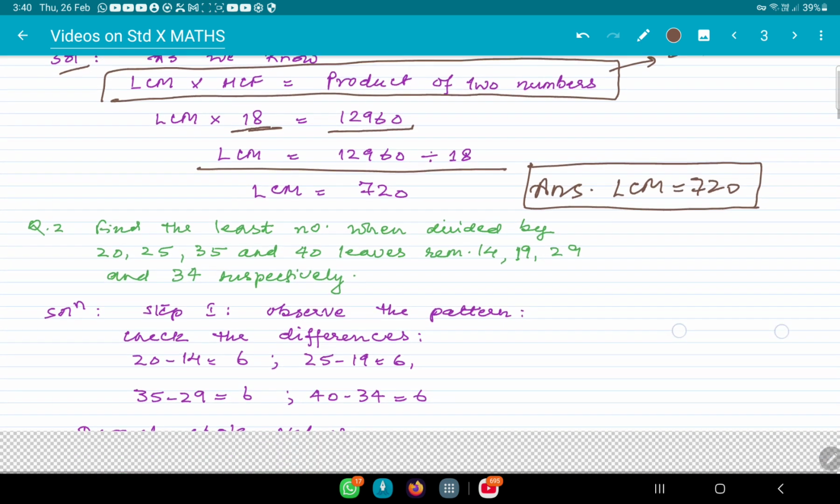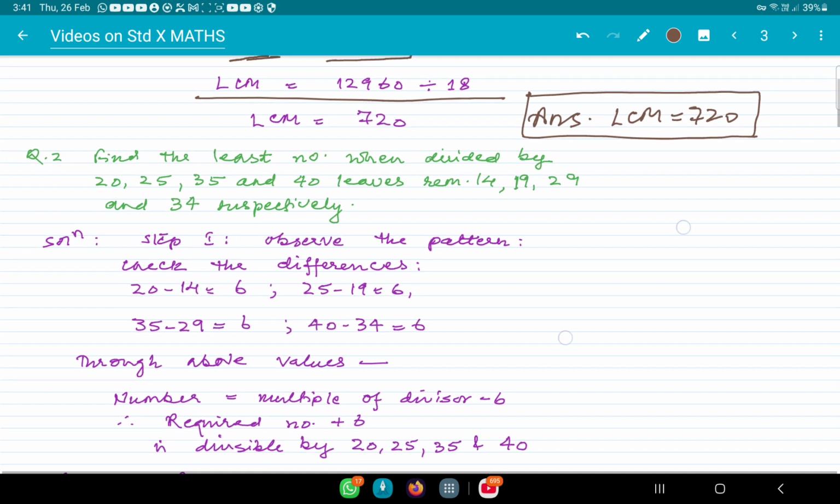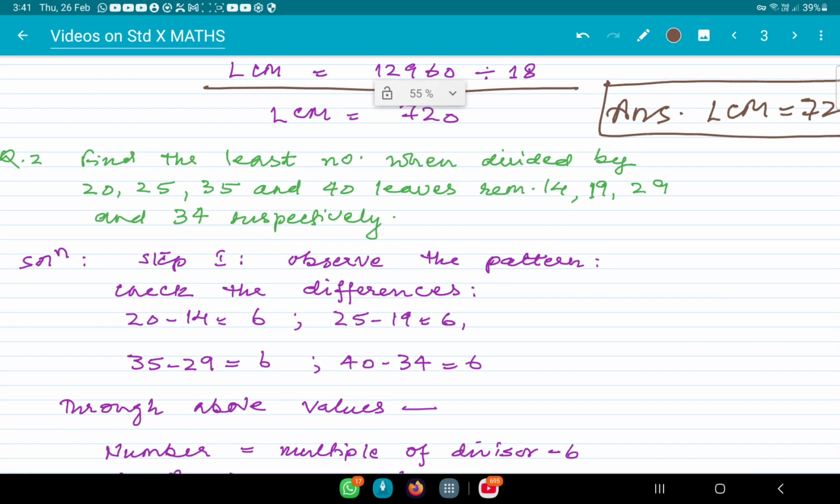Okay, now the second question is: find the least number which when divided by 20, 25, 35 and 40 leaves remainders 14, 19, 29 and 34 respectively. So first we will see what our question says. Find the least number.